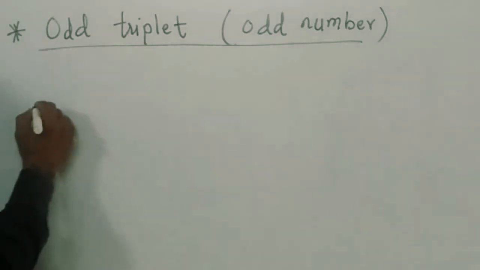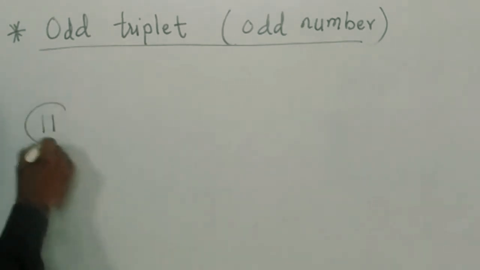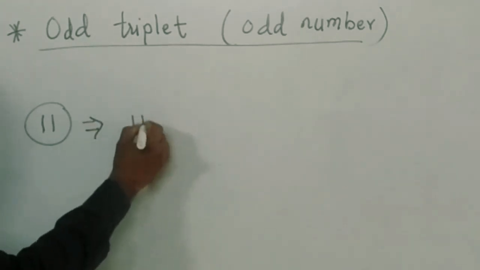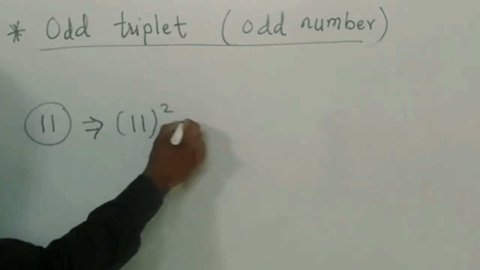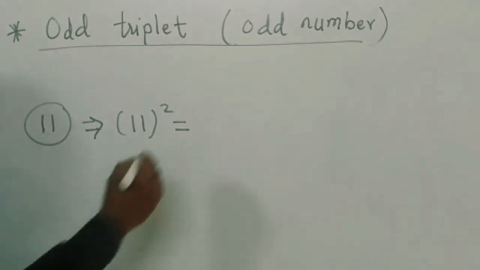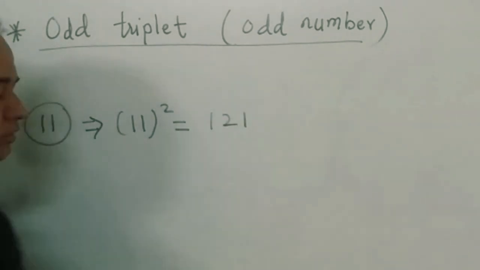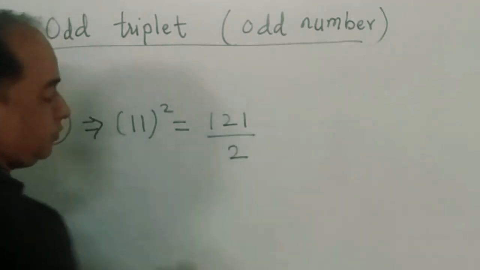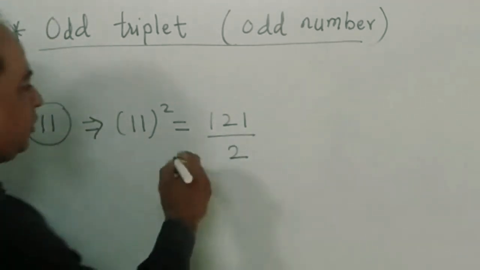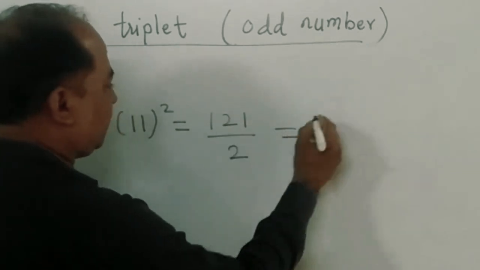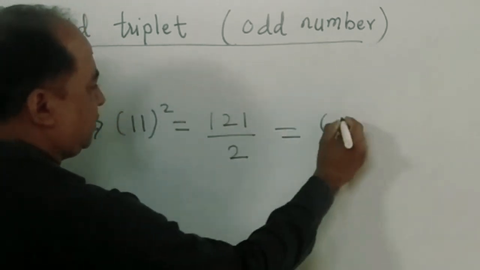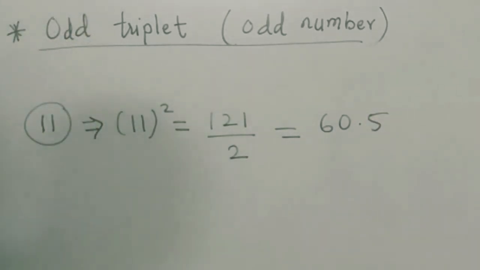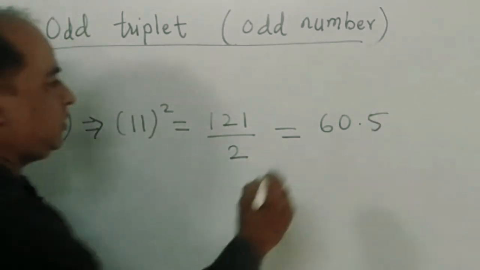Now let us consider another odd number, 11. First step, square of 11. 11 square is equal to 121. Divide this 121 by 2. 121 upon 2 is equal to 60.5.